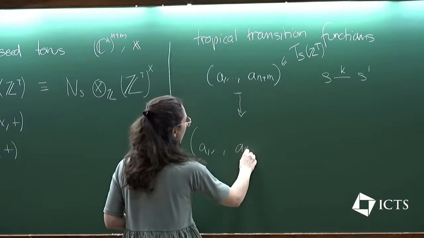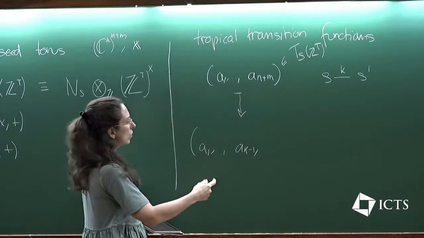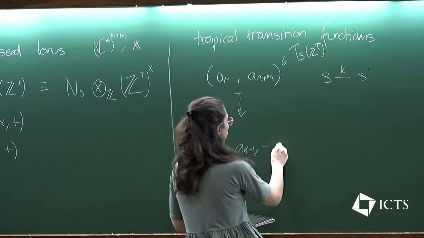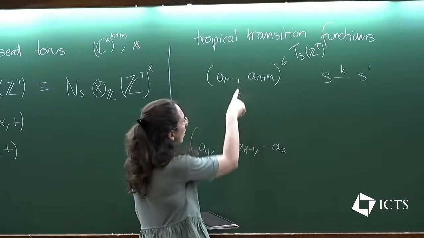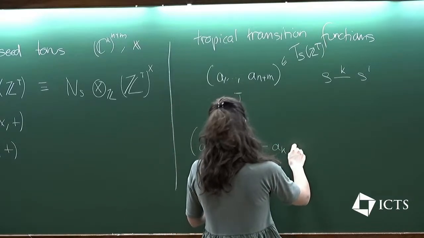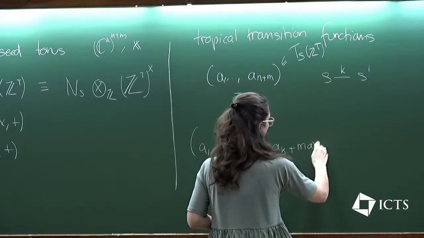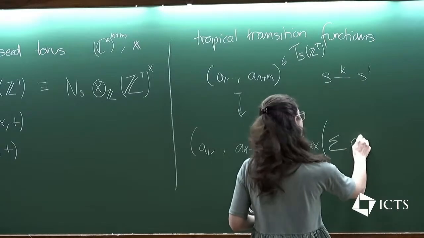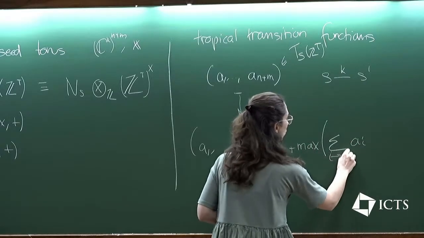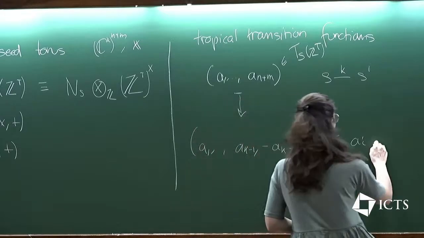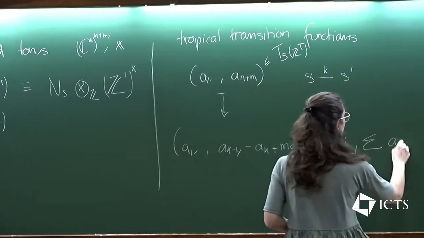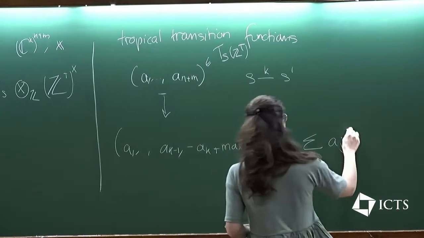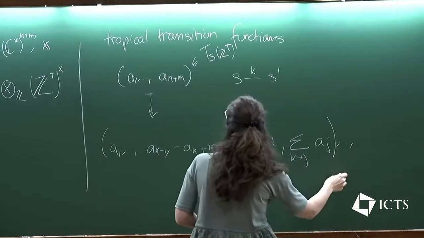I keep all the entries that are not in the kth position, and in the kth position, I tropicalize the usual mutation formula, which amounts to taking minus a_k, and then adding the maximum of the sum of all a_i where there's an arrow from i to k in my quiver, and the sum over all a_j where there's an arrow from k to j in my quiver. And all the rest of the indices stay the same.